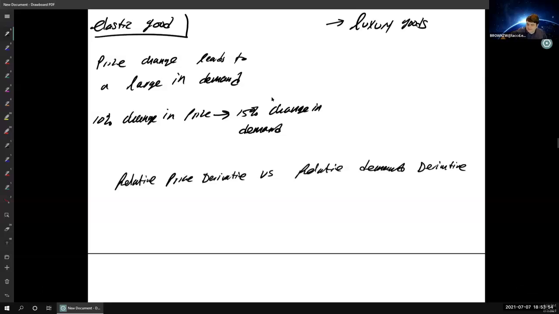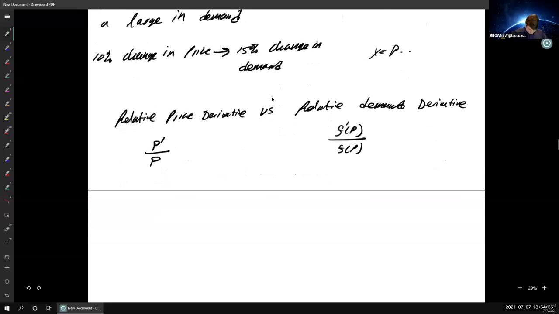The relative price would be P prime all over P. When we talk about demand, remember that our demand is usually some function x related to some price function, so we can call that f of P. The relative demand derivative is f prime of P over f of P, and the relative price derivative, whatever my price function is, is P prime all over P.